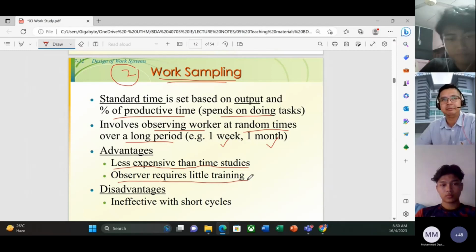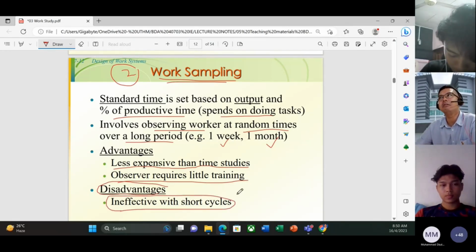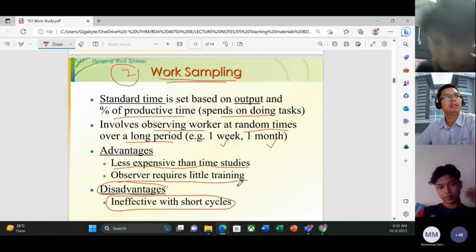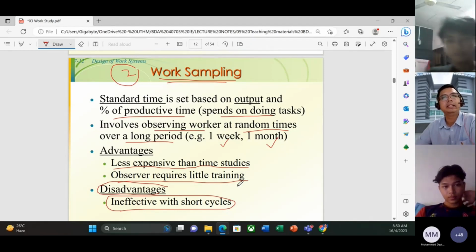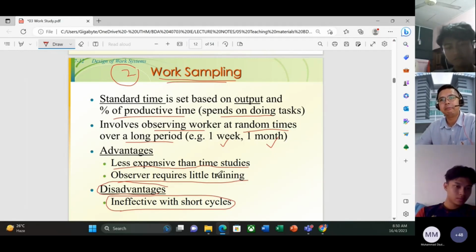The disadvantage of work sampling is that it is ineffective with short cycles. Due to what? Work sampling only benefits long cycles, not short cycle times. Okay, these are the advantages and disadvantages of work sampling when we compare with the time study.